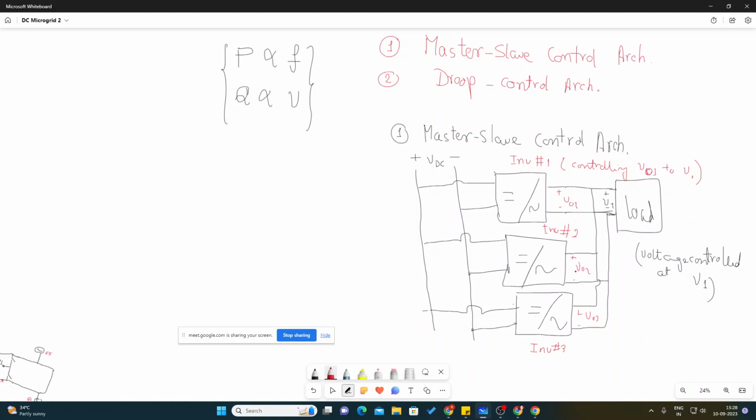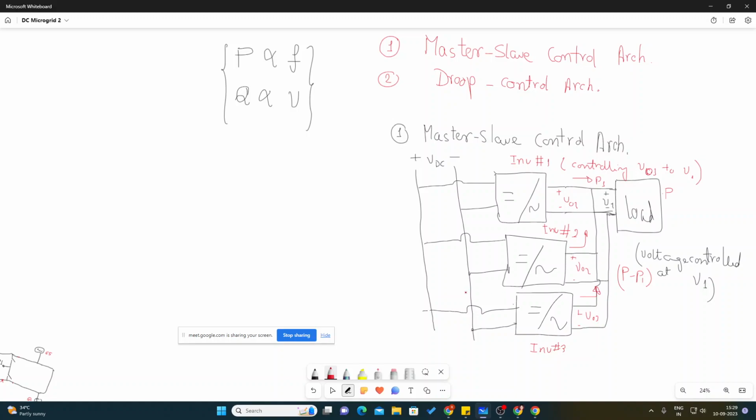Now let's suppose the power requirement here is P, and the power flow here that is happening controlling it to V1 is P1. So now what should be done is P minus P1 amount of power must be supplied from these two inverters.